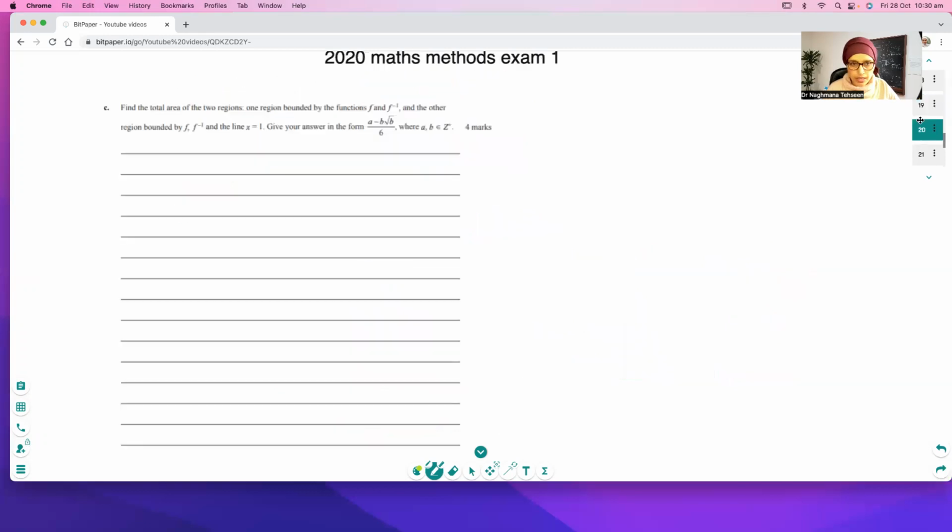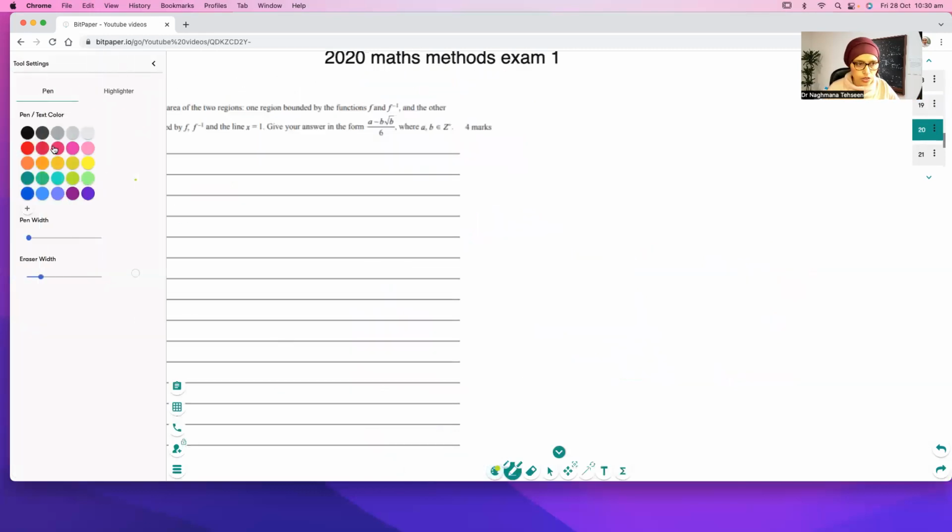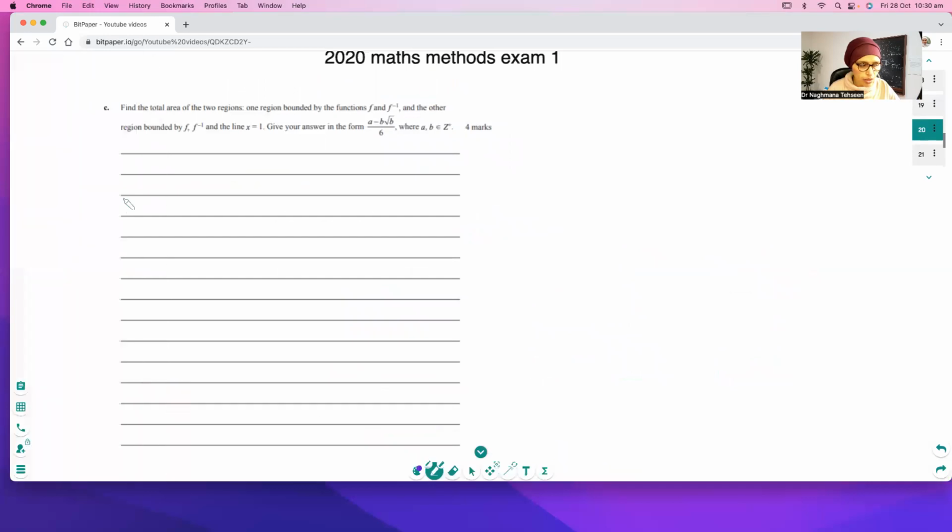So what does that mean? That means we are going to find the area. So area is equal to, the first one is 0 to 1/2, right? And then we have f minus f inverse, right? f of x minus f inverse of x, because f is on the top, dx.